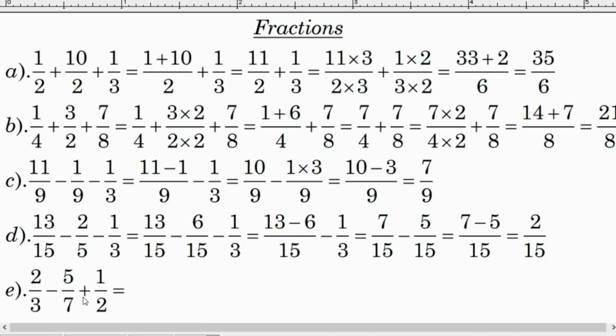So we just calculate it from left to right again. Alright, so then we have 2/3 and then minus 5 divided by 7.